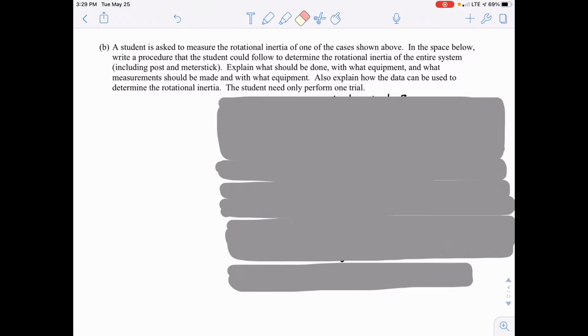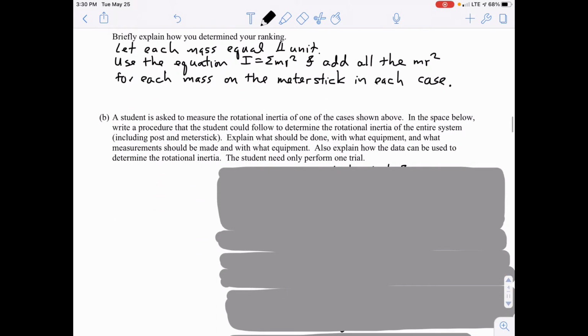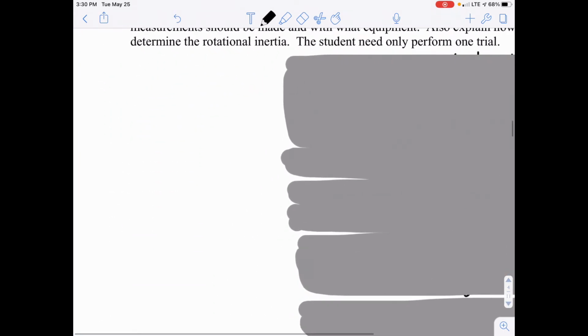Well, what we can do is take any one of these setups, and we can take that pole. We're going to assume that pole is a hollow pole, and that meter stick is attached to it, and we can put it on a ring stand. So let's draw the apparatus here.